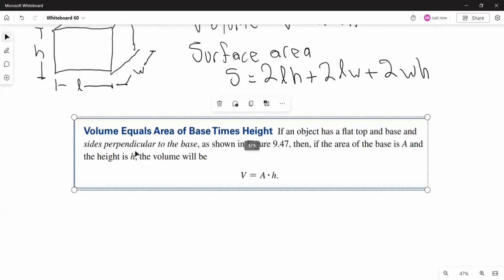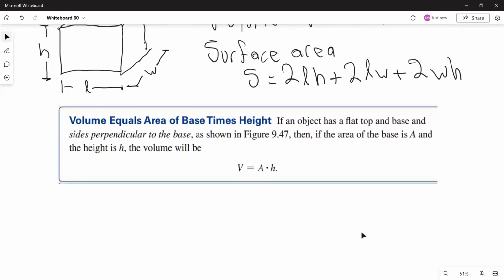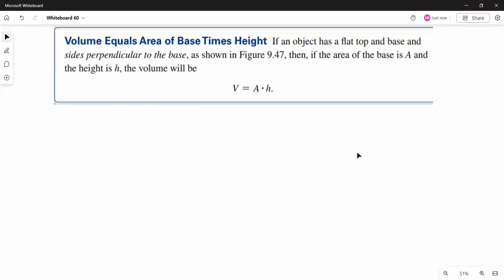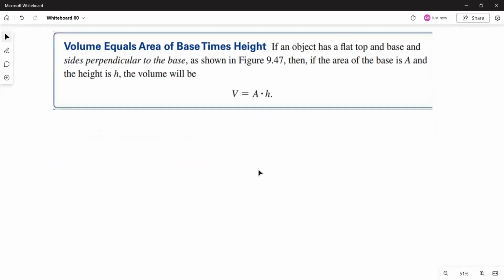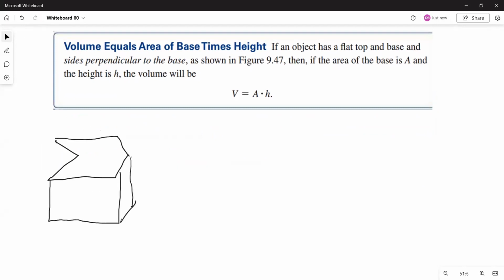That's on the same page, 484. So if an object has a flat top and base, let's say you have some type of object.